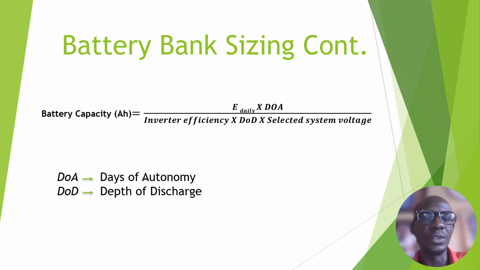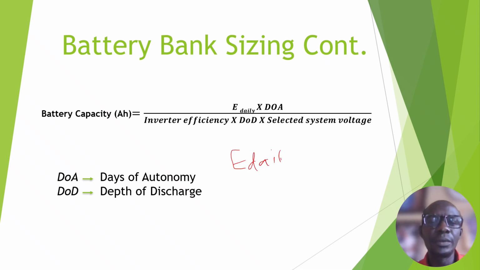The formula goes thus: E daily times DOA over inverter efficiency times the depth of discharge times the selected system voltage. So how do we go about this? E daily is the total energy demand for that building.